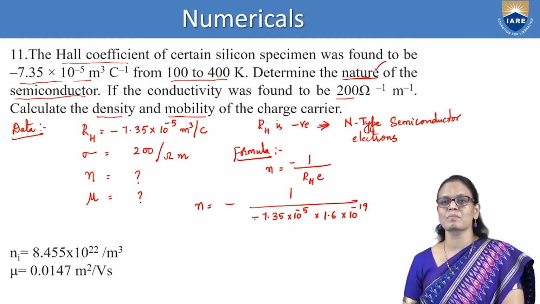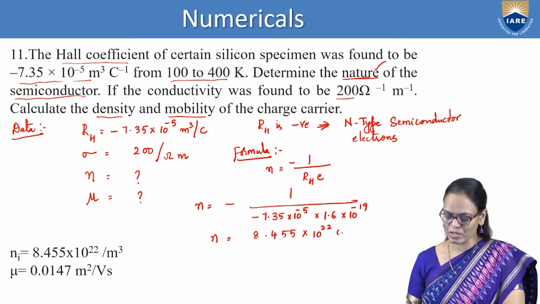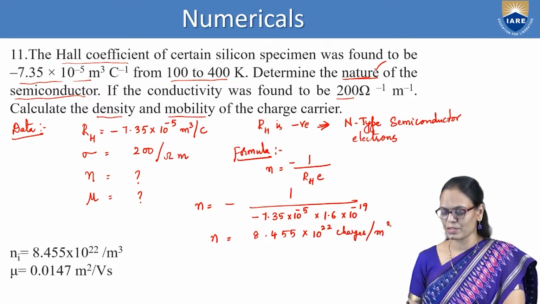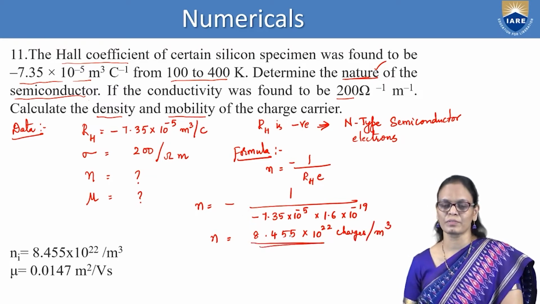So this minus will get cancelled. So we will get N is equal to 8.455 into 10 power 22 electrons per meter cube. So this is the value of N we have got.